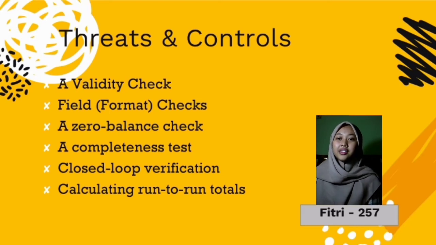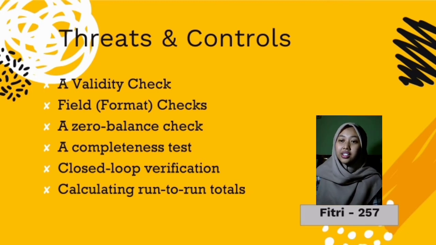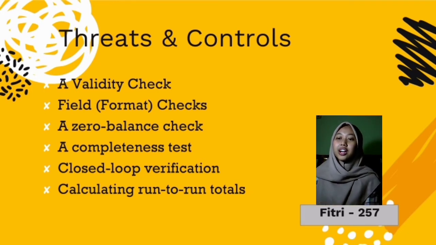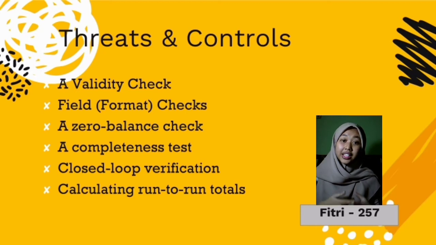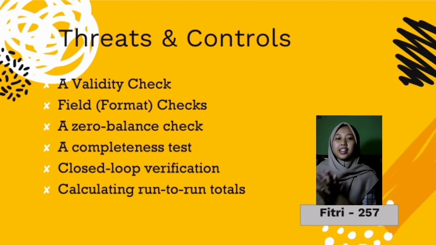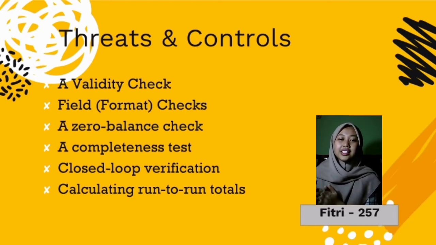First is a validity check, which has the goal to ensure that general ledger accounts exist for each account number referenced in a journal entry. Second are field or format checks, to ensure that the amount filled in the journal entry contains only numeric data. If the data is not only numeric, there will be an error in our data.